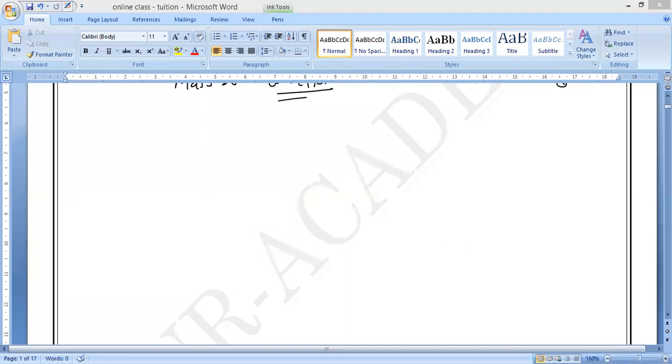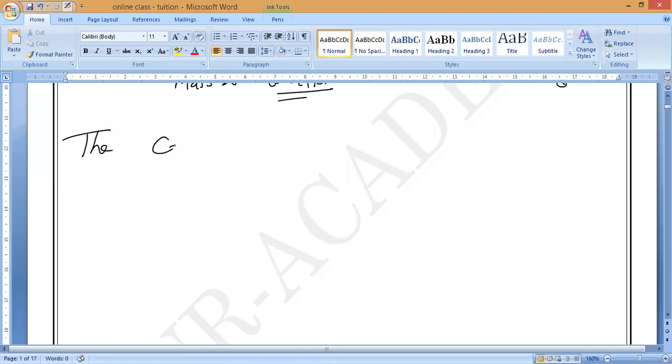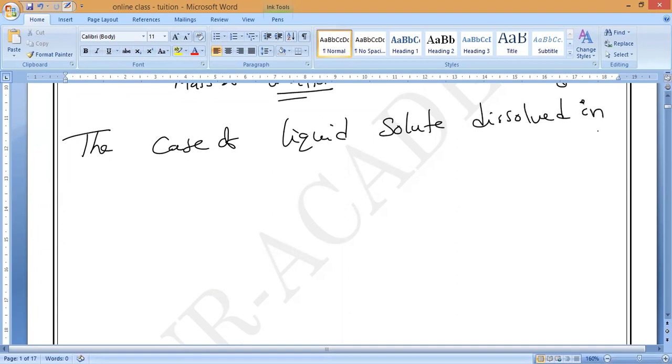So please all of you write: the case of a liquid solute dissolved in a liquid solvent. We will see how it is handled in this case.